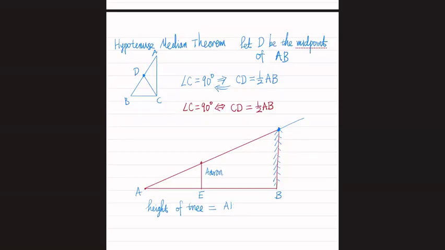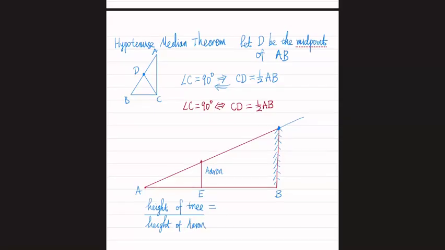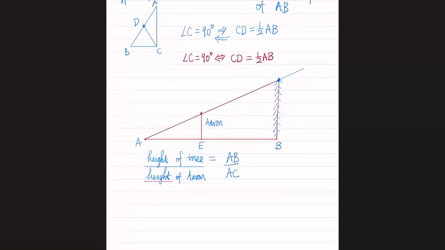The height of the tree over the height of Aaron equals AB over AE. From there, we can find the height of the tree.